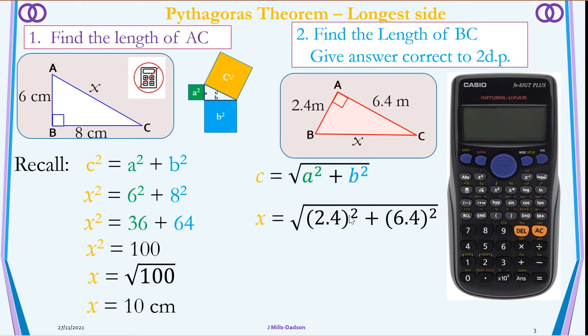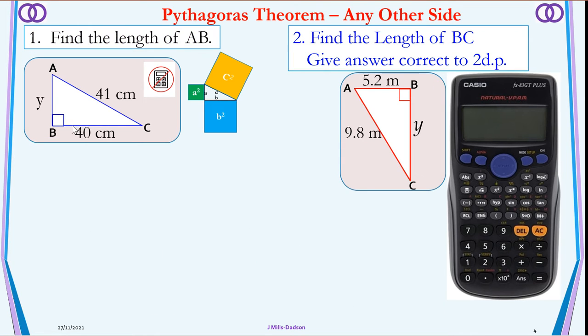You hit the x squared, the square will come, plus 6.4, hit the square button, the square will come. Then you press the equal sign, and that will give you the answer. Make sure if you're using a bracket, close the bracket before you press the square button, and you get your answer as 6.84 meters when you approximate.